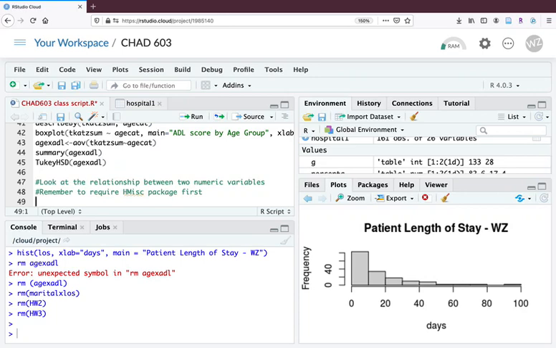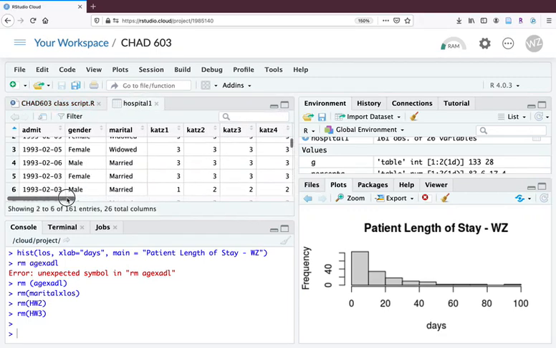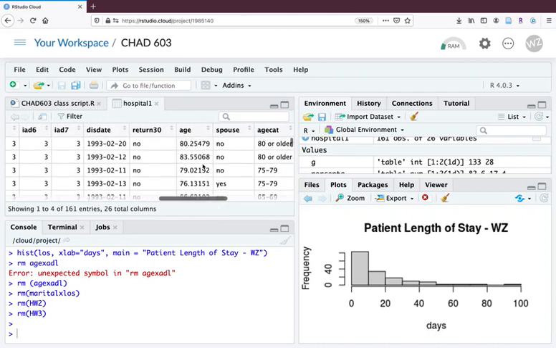So to begin, let's look to see if there is a relationship between patient's age, and we mean the actual age variable, this variable where we calculated people's actual ages and their length of stay in the hospital, because we certainly have seen higher lengths of stay for some patients as well.